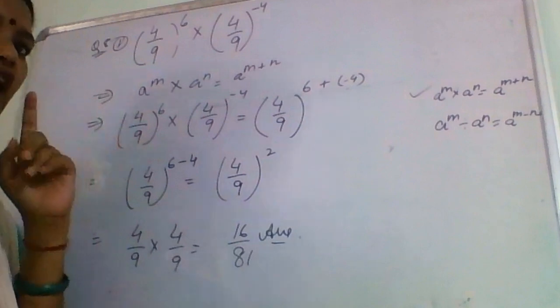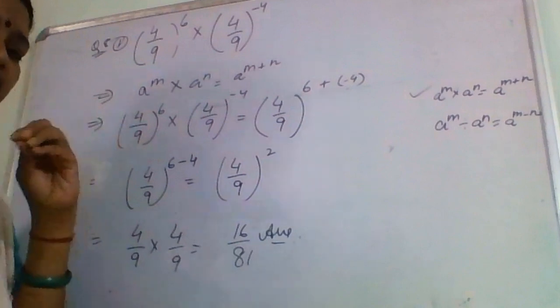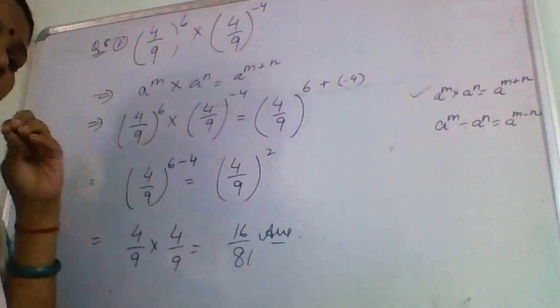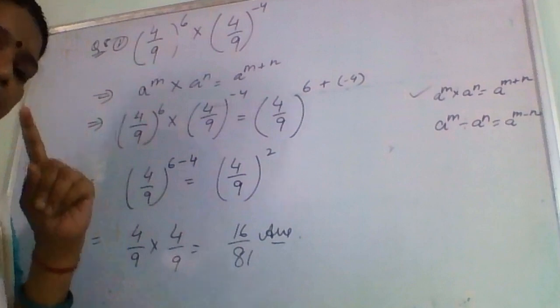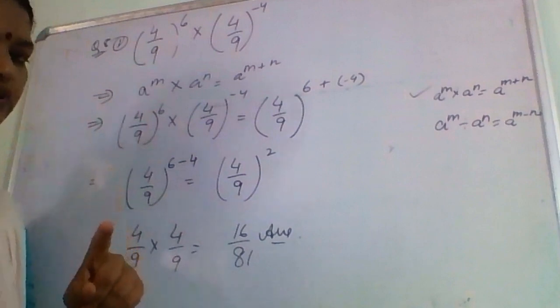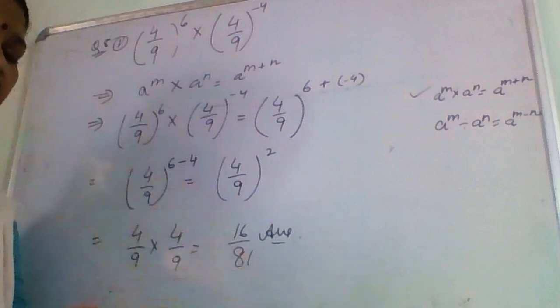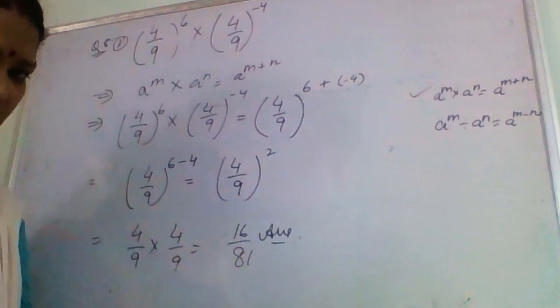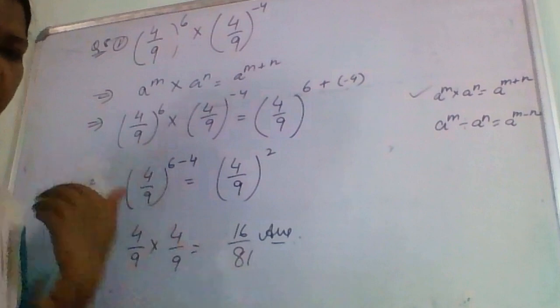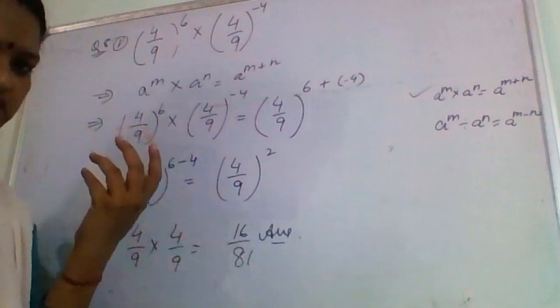So we have to revise this and we have to see if laws of exponent are applicable, then we must apply laws of exponent over there. And if the question is like that where laws of exponent cannot be applied, then you just simply simplify by expansion, right?